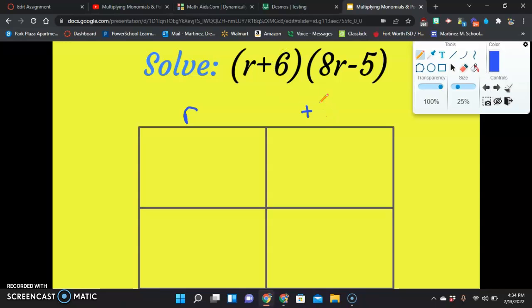And then we have 8r, negative 5. Whenever you have an r alone, this equals 1r. So just pretend there's a 1 here. So we have 8 times 1, which equals 8 by itself, r squared.